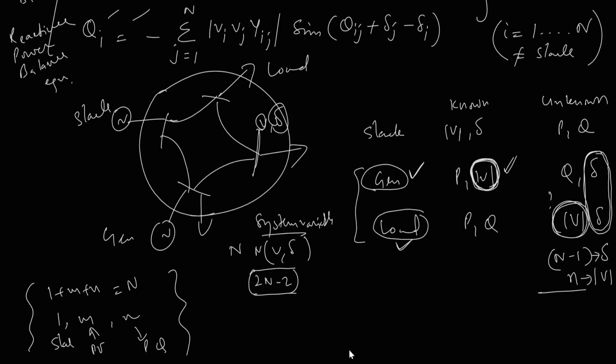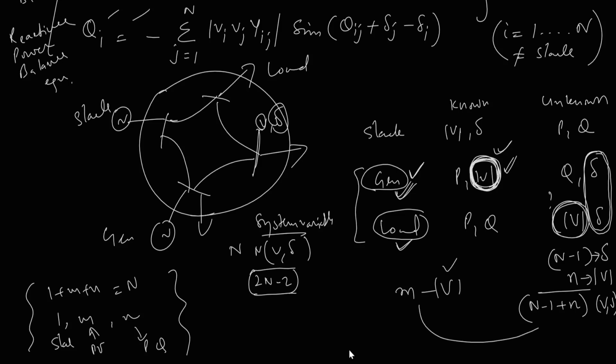So how many unknown variables are there altogether? That is n minus 1 plus small n. So these many unknown variables are to be found still, right? But how many voltage variables are already defined here? At generator buses, all generator bus voltages are given, so m number of voltages are already defined.